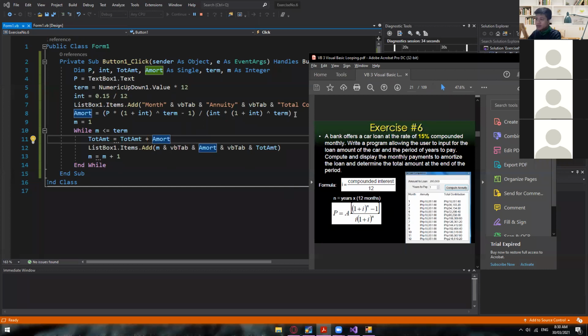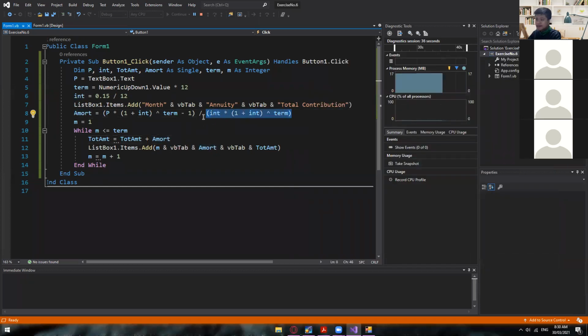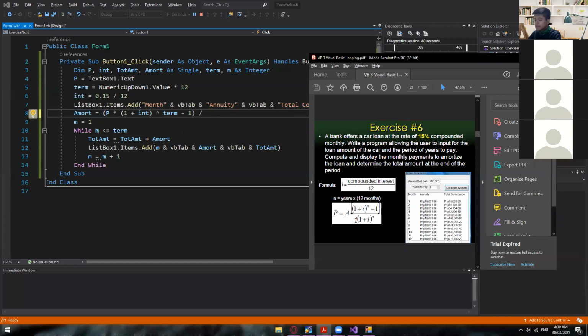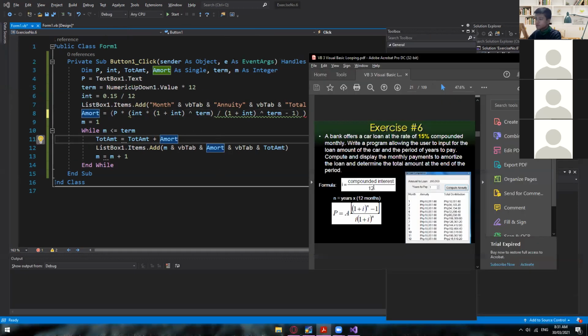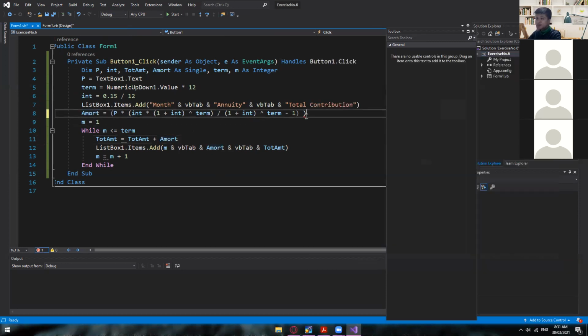So the one that is above should be this one, the interest times 1 plus interest raised to term. Because when we had that kind of format before, we got the correct answer. But right now, we just simply follow this one. So yeah, we got a different answer.